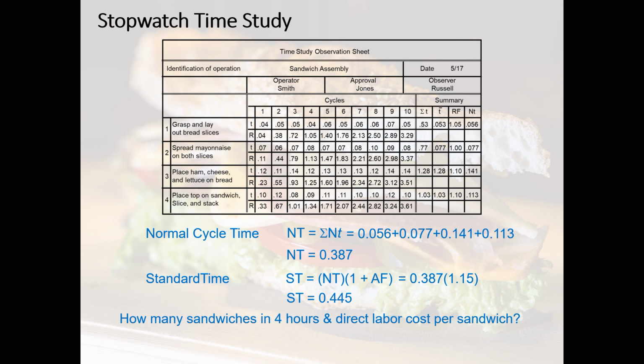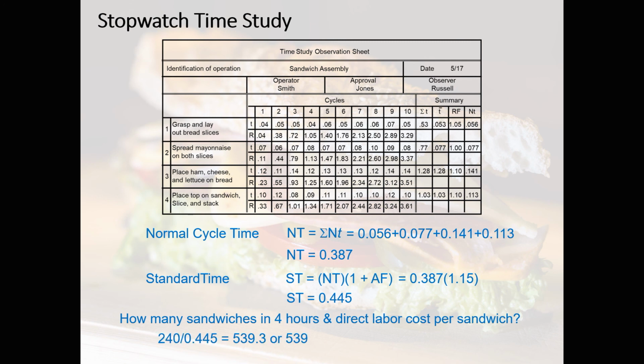So again, why do we want to use a time study? Remember, production rates. How many sandwiches can someone assemble in 4 hours? How much is our direct labor costing us per sandwich? So let's look at two quick examples here.